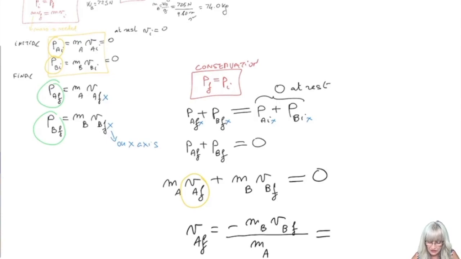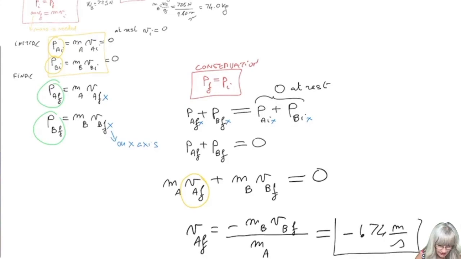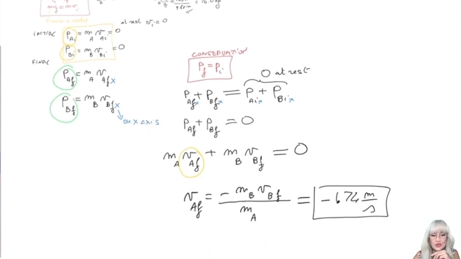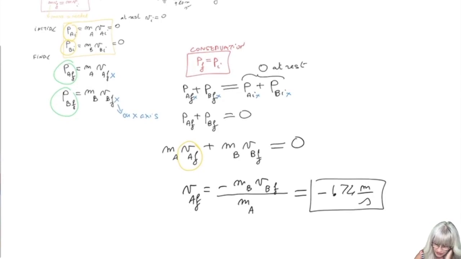You have the mass of A, mass of B, and the velocity of B final. You plug everything in and you obtain the final result of 1.74 meters per second.